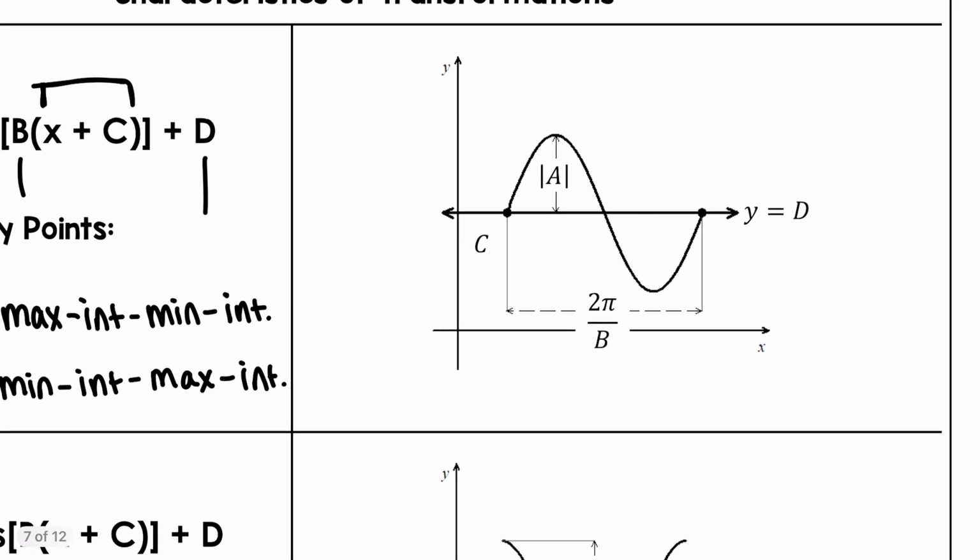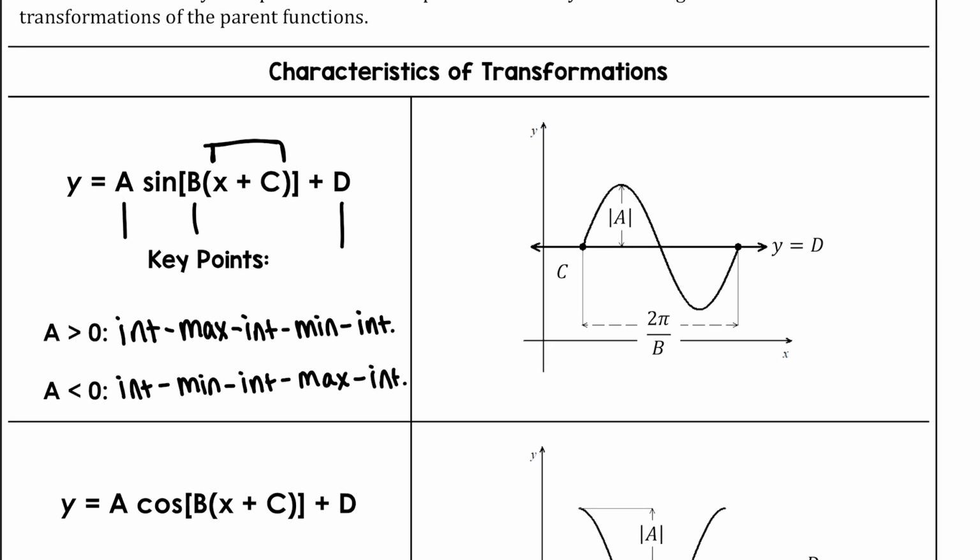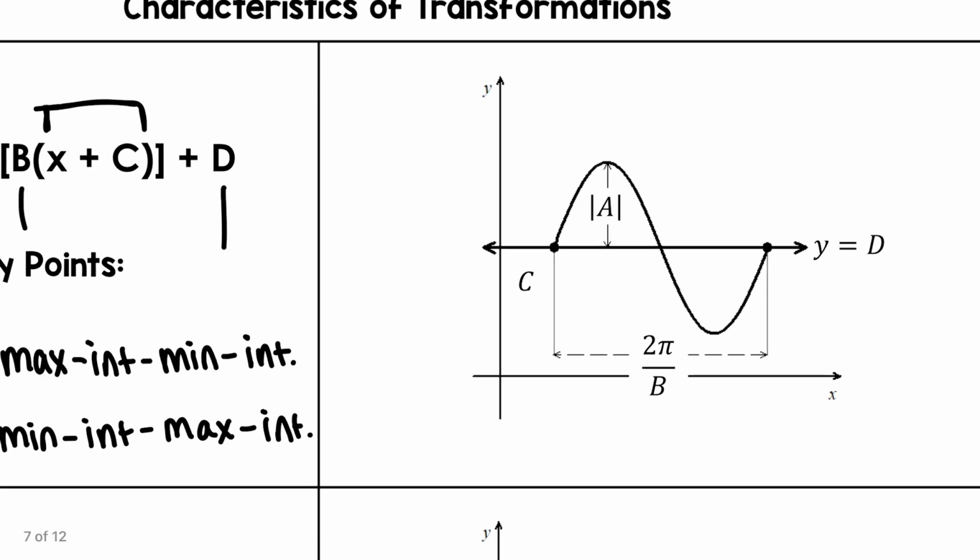And then over here on the right side, I'm going to label a few things, right? This is going to be helpful for figuring out what A, B, C, and D are. C is where we're starting. Like C is our start point, because typically we start at 0, right? But C is going to be our shift horizontally.